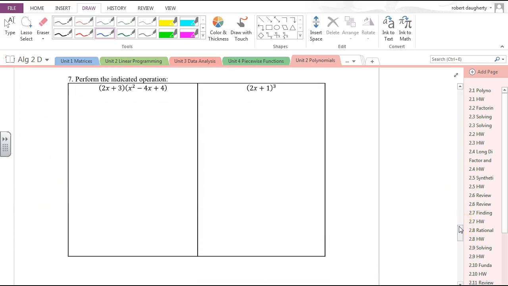Problem 7, performing indicated operations. The way we did this one on the left, we found that it's pretty easy just to create a grid. 2x plus 3, x squared minus 4x plus 4.